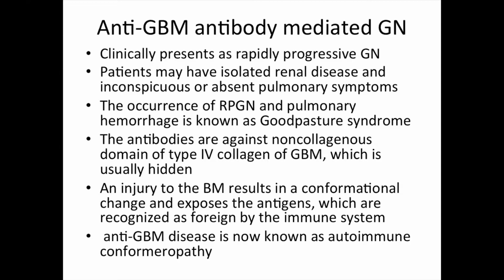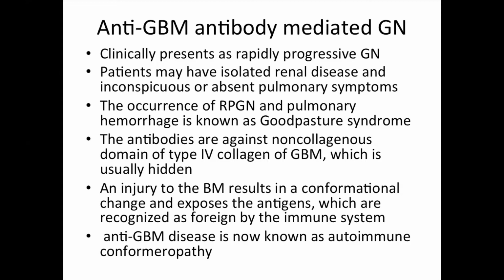If this glomerulus is exposed to injury, infection or something, meaning it gets injured, this injury leads to a change and it exposes the antigens. It's kind of like a momentary change. Suddenly these domains will be recognized as foreign by the immune system.